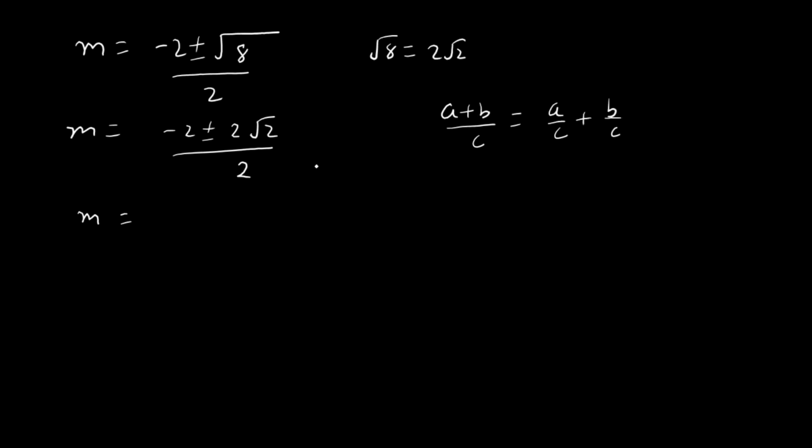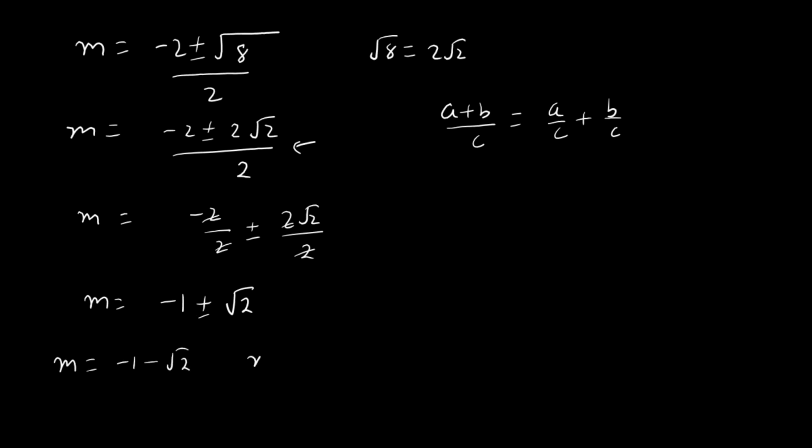If we apply this rule on the right hand side, then minus 2 over 2 plus minus 2 times square root of 2 divided by 2. Then this 2 and this 2 cancel out, giving minus 1 plus minus square root of 2. Here we have two possible values of m: minus 1 minus square root of 2, and second, minus 1 plus square root of 2.